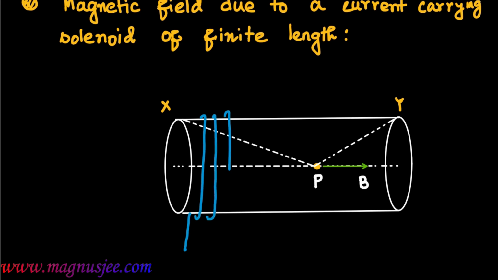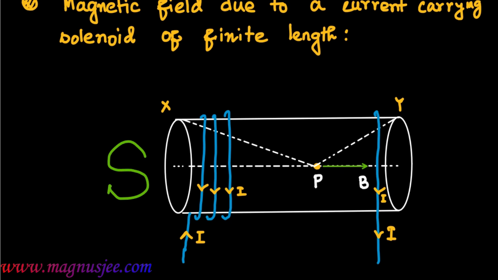An insulated metallic wire is wound in this way, in the form of a cylinder or helix, and I be the current flowing through the solenoid. This is the direction of current flowing through each turn, and that will be flowing downwards.